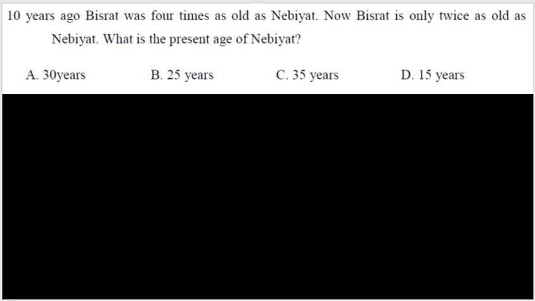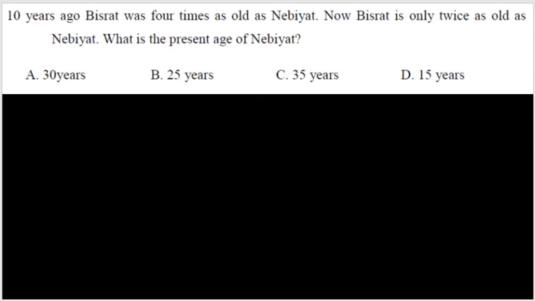Next question. 10 years ago, Busrat was 4 times as old as Nabiat. Now Busrat is only twice as old as Nabiat. What is the present age of Nabiat? Before we solve this question, we need to sort out what are given.